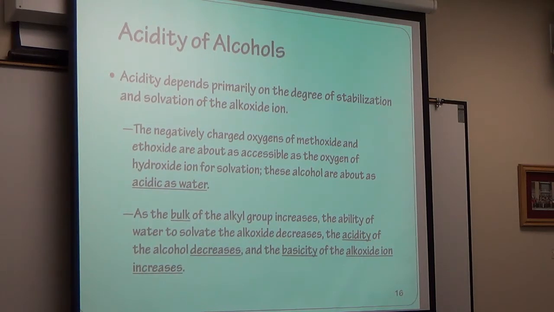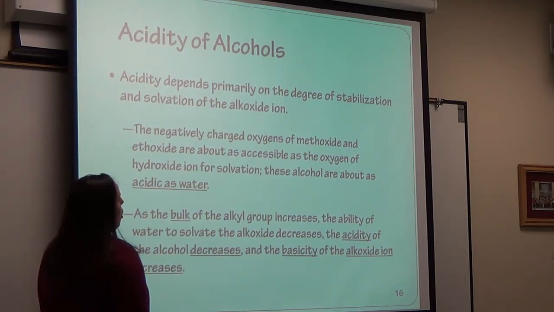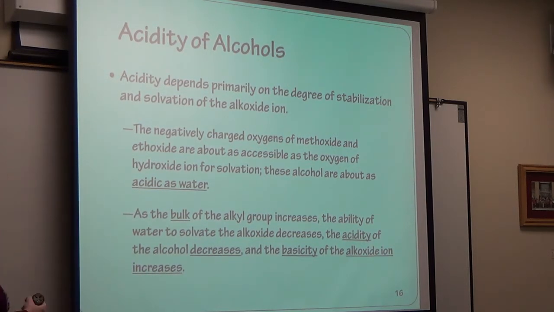And so oxygen is considerably small. Sulfur, for instance, is bigger than oxygen, so it can spread the charge. Sometimes you'll have a double bond O, a conjugated acid like acetic acid, that helps to move the charge also. But there's nowhere for the charge to go on the oxygen.